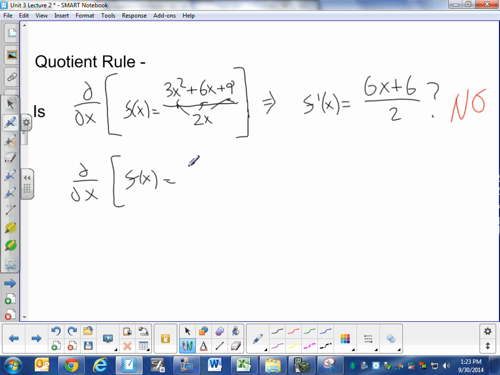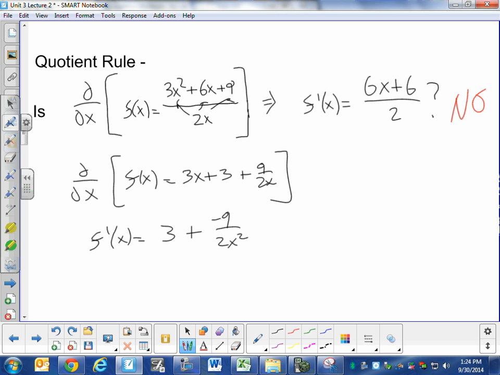And I hope we did this on our quiz. And then when I finally take the derivative, I get 3 plus 0 minus 9 halves x squared. Sweet. Okay? Not the same as 6x plus 6 over 2.